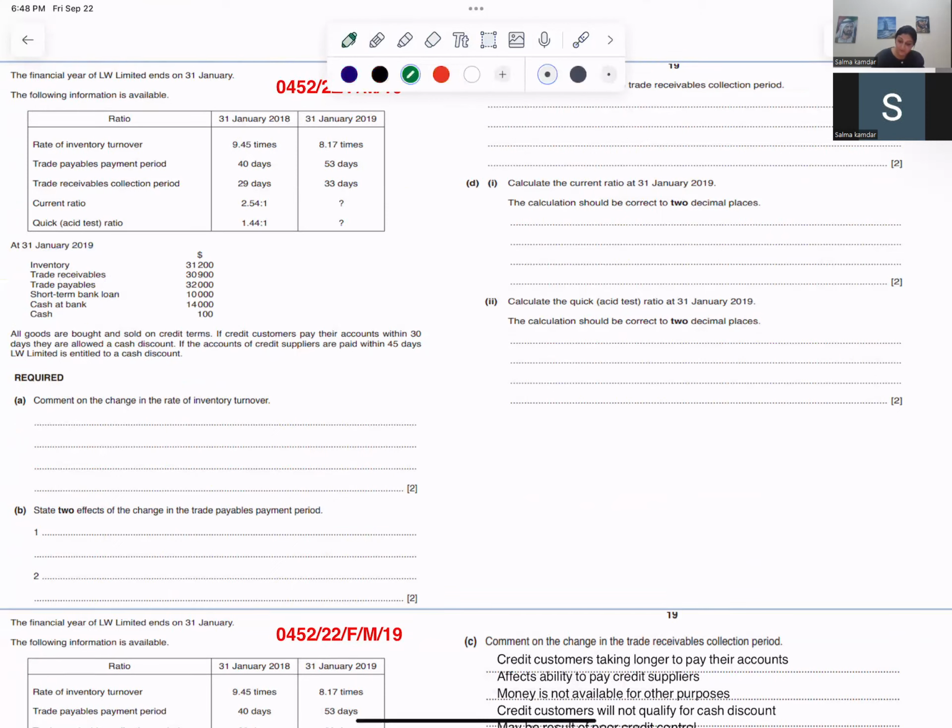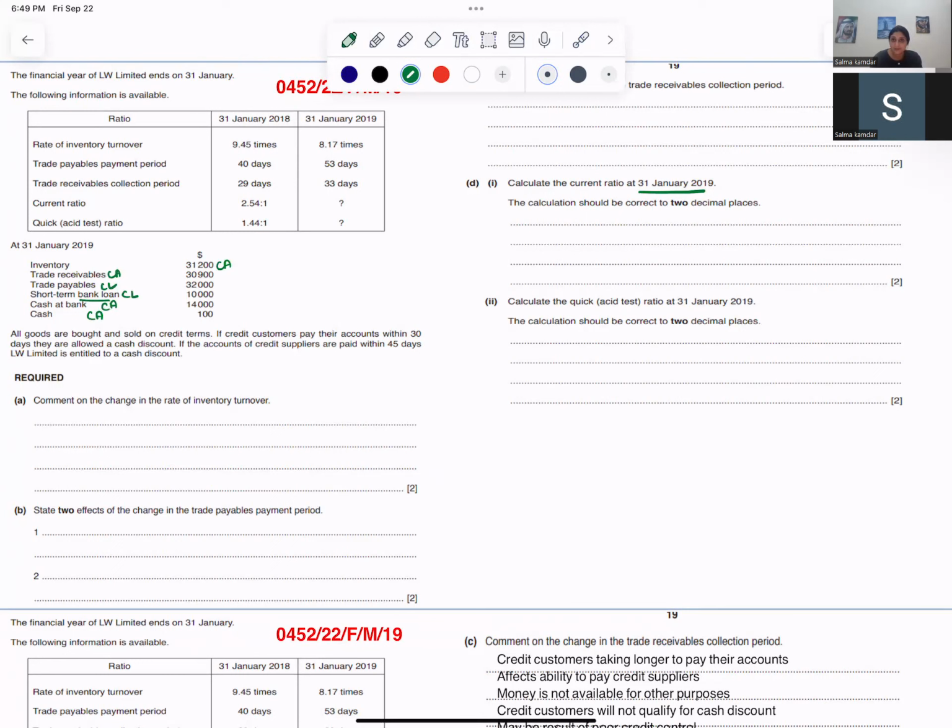On 31st of January 2019, I have been given information about my current assets. Inventory is current assets. Trade receivables is current assets. Current liabilities. Bank loan is current liability. Cash at bank, current assets. Cash in hand, current assets.